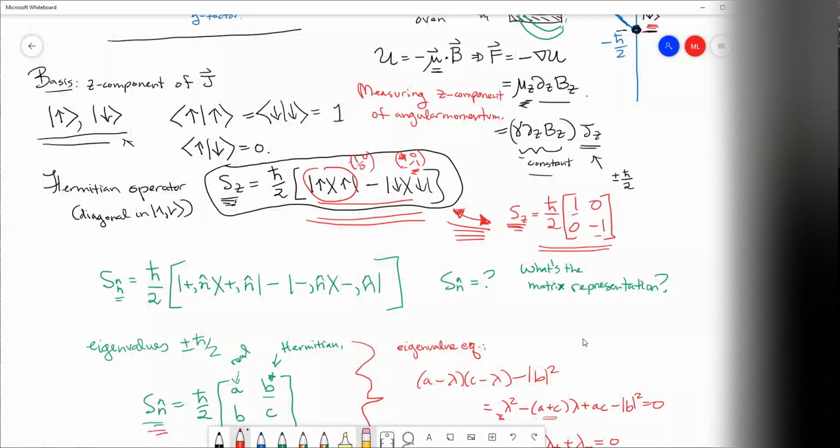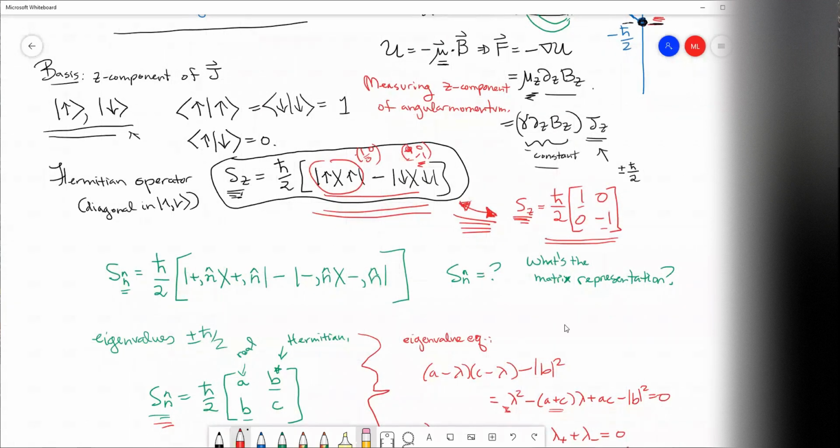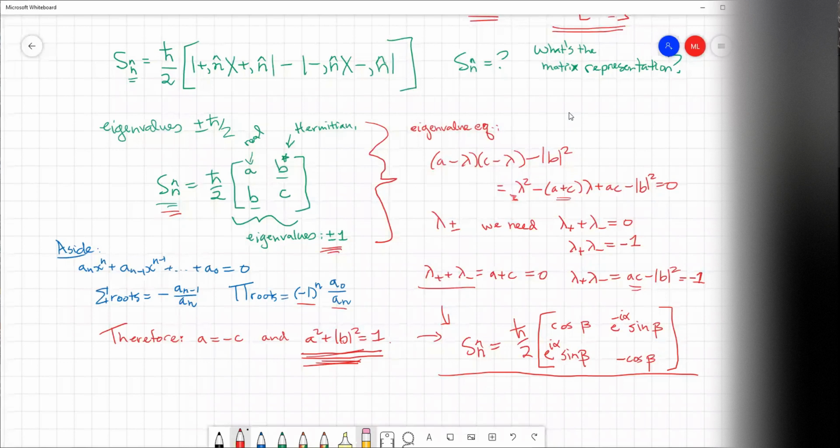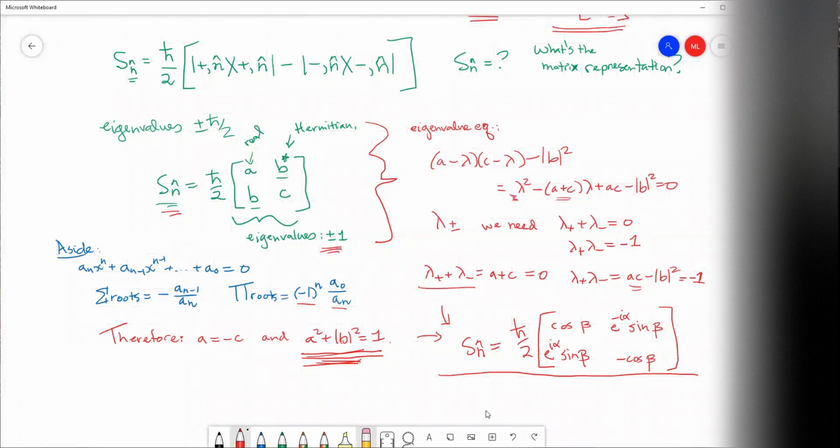What does that measurement operator look like in this z basis? Sometimes we'll have a coordinate system along the z-axis, and then we ask, what if you measure the spin along the x-hat direction? What does the measurement operator look like for that? And that's what we're trying to derive here.